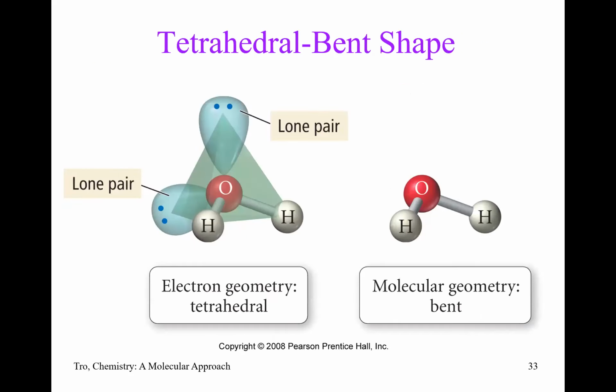And so for water, this is important especially in the sense that water looks like this with this bent structure, and it's not linear. And this has huge effects that you will see in the next few chapters, on boiling points and melting points and all kinds of things.